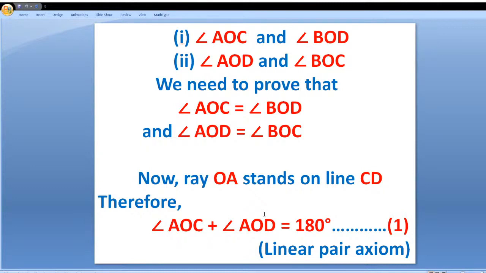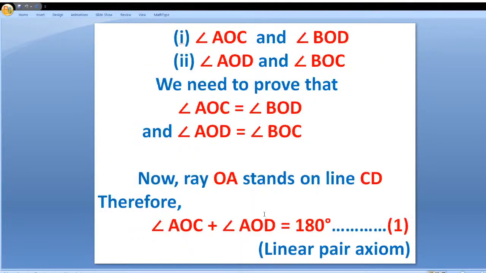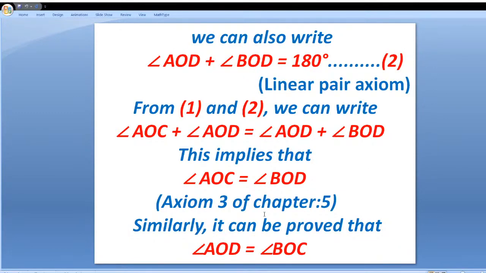We need to prove AOC equals BOD and AOD equals BOC. Now ray OA stands on line CD, so AOC plus AOD is equal to 180 because of the linear pair axiom, and we can also write AOD plus BOD is equal to 180 because of the linear pair axiom, and from 1 and 2 both are equal. This implies that AOC and BOD are equal, and similarly it can be proved that AOD and BOC are equal. See in your textbook and also try to understand here.